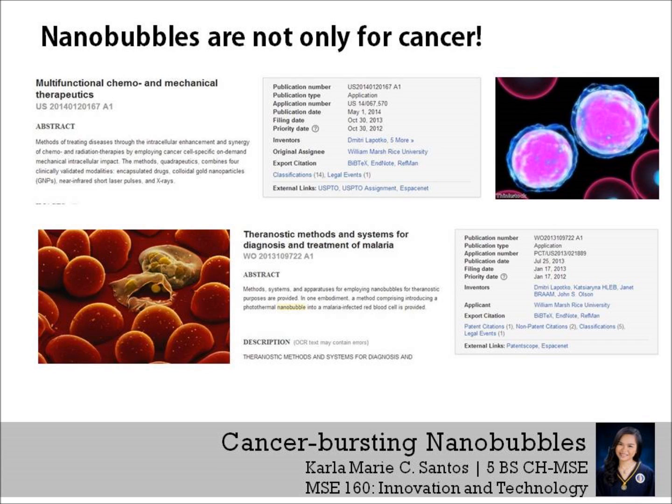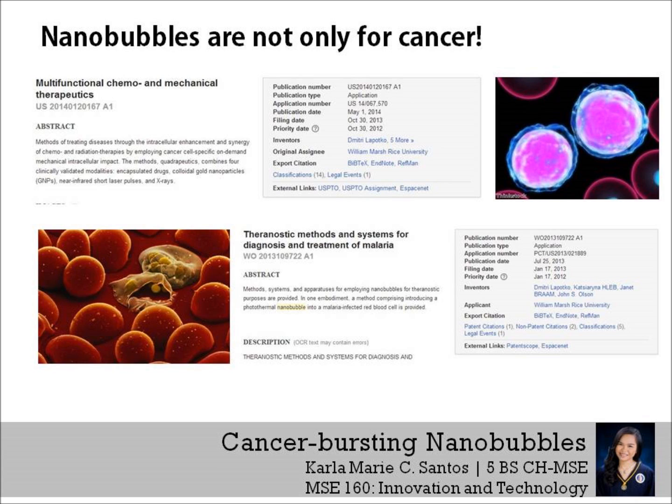However, the nanobubbles are not only for cancer. A patent search revealed that this technique is used in many different ways to deliver certain things in specific cells or as a way to kill only specific cells. This patent shown here is about a way to treat malaria using this technology by utilizing nanobubbles to destroy infected red blood cells by destroying the parasite and the hemozoin nanocrystal produced by the parasite which causes the infection of the RBC.